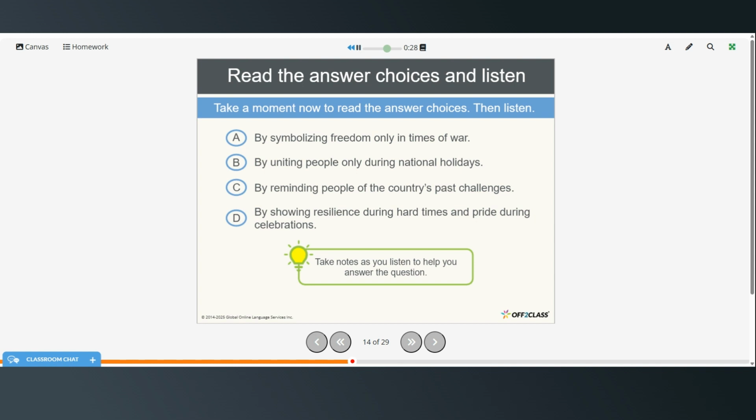During national holidays like Independence Day, the flag serves as a reminder of freedom and shared history, uniting people through pride in the country's accomplishments. These different moments show how the flag can represent unity, whether during hardship or celebration. How does the American flag serve as a unifying symbol in different situations?